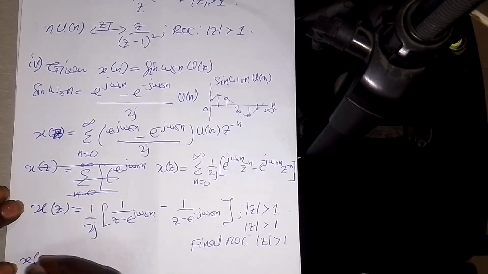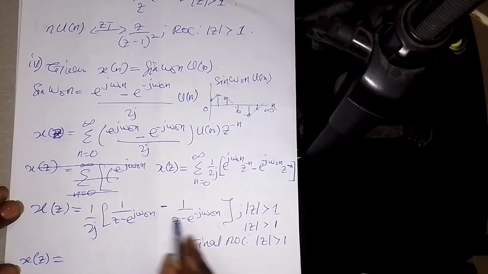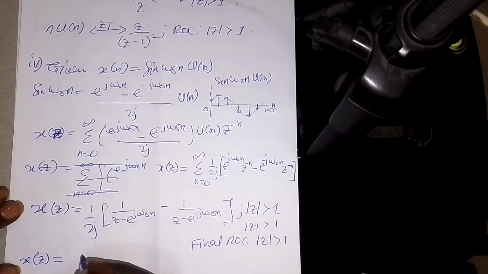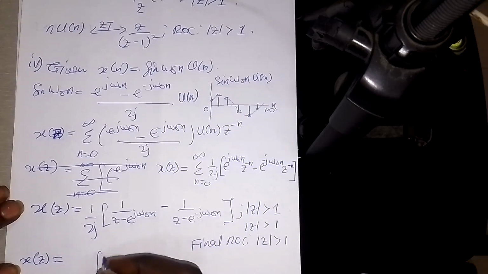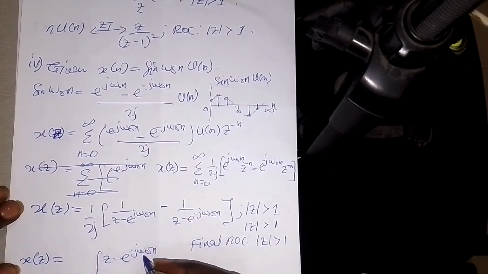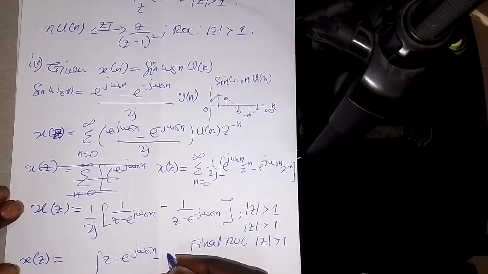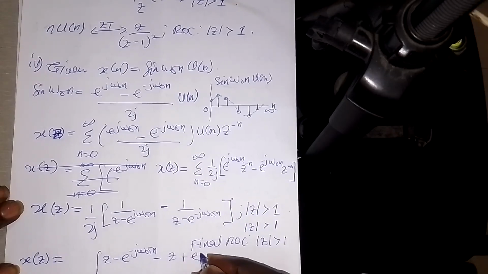So if you want to simplify it further, you can see that X of Z is equal to what? If you take this one up, and you take this one also up, I'll have here Z minus e to the minus j omega naught n, and then I'm going to have minus Z, but here it will be plus e to the power j omega naught n.